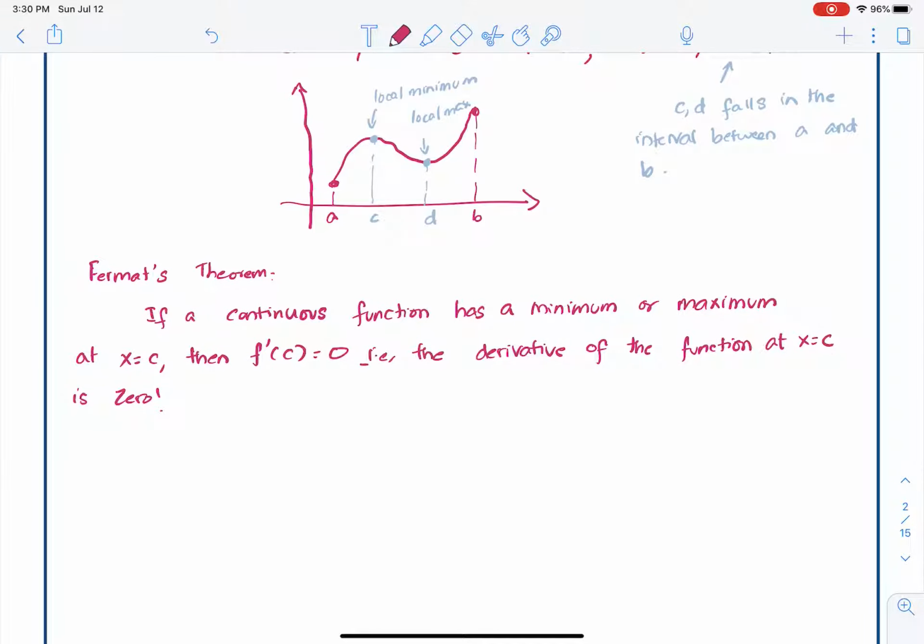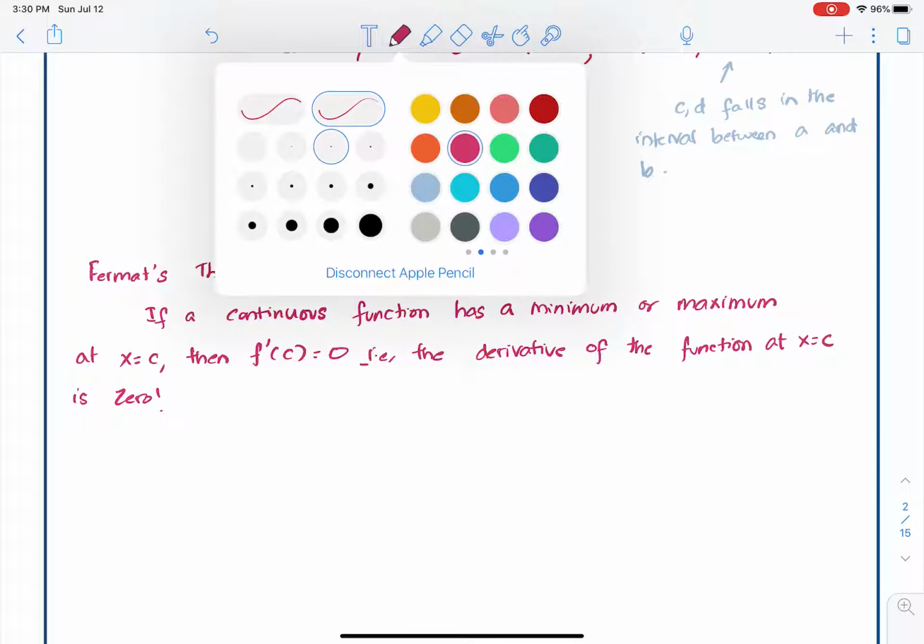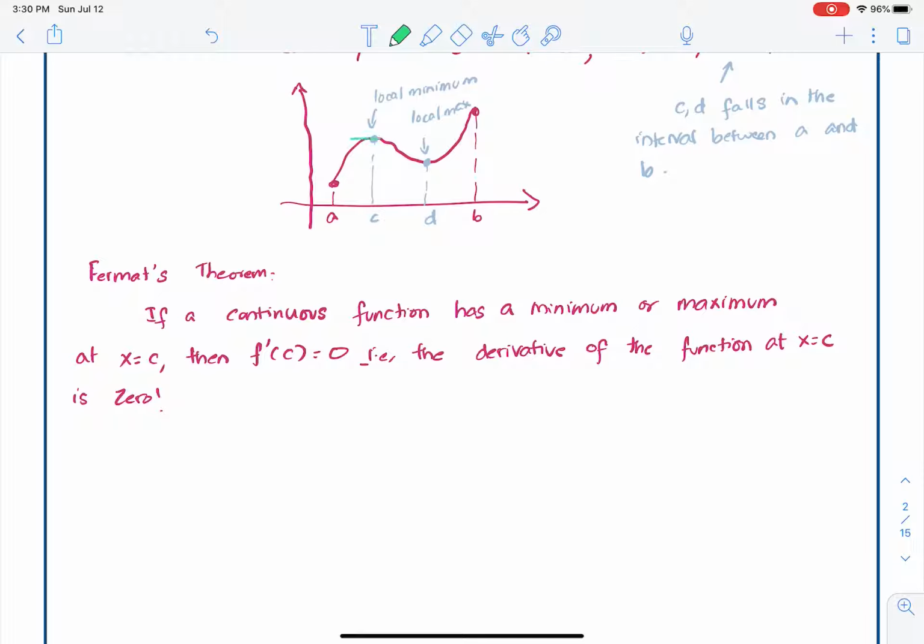Well, we all know the derivative is simply the slope of the tangent line at a given point. So I'm going to draw a tangent line here and there in green, and you can see exactly at C and D, the slope is 0.